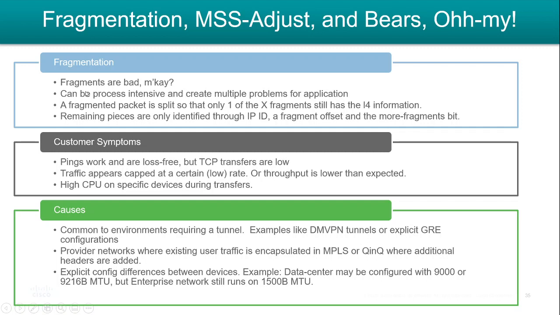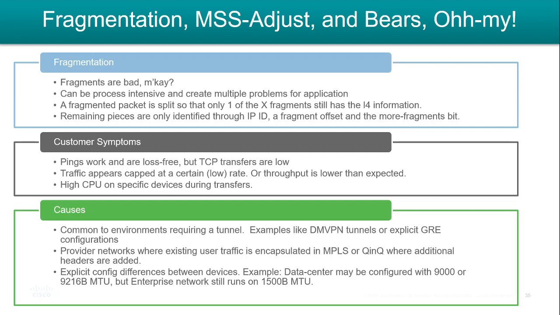Fragments are essentially a process-intensive way of further breaking up a packet that should have been broken up at the source. And when we need to do fragmentation, it often involves the CPU of a router or switch, which cannot even compare to the hardware forwarding capability of that same device.